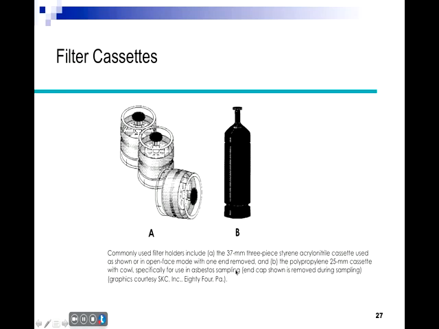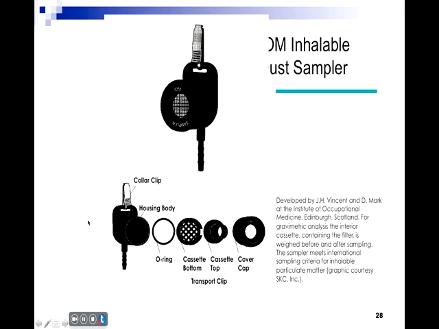B is the asbestos sampling, but these are, again, examples of different types of collection media that can be used to collect aerosols. This is an inhalable dust sampler, and this is one where you would collect inhalable particles. These are particles of any size that are capable of entering the lungs.